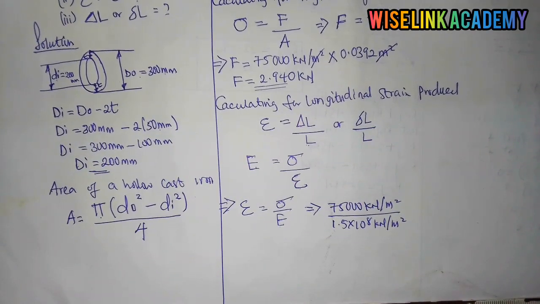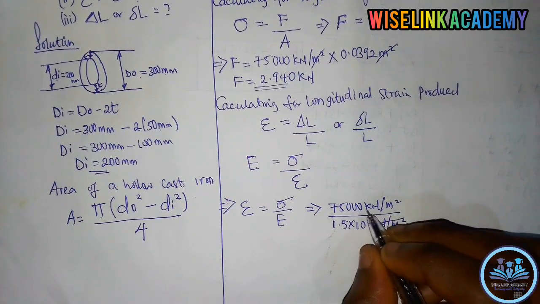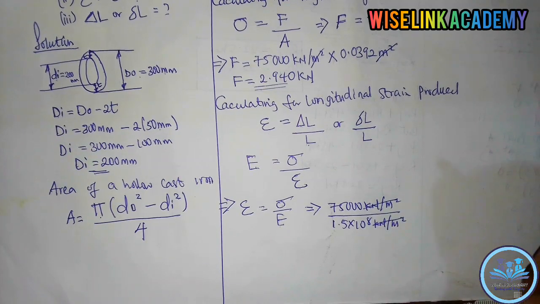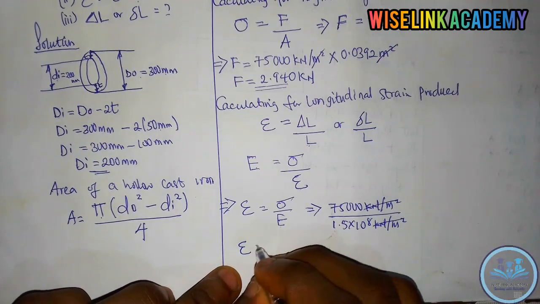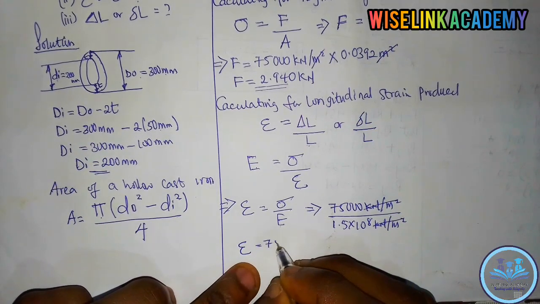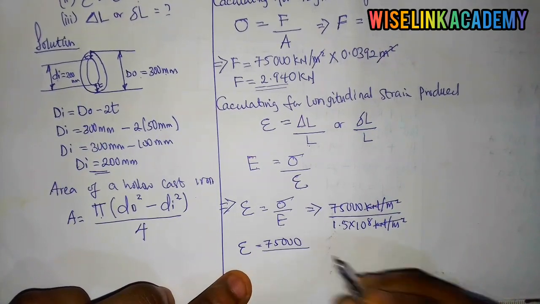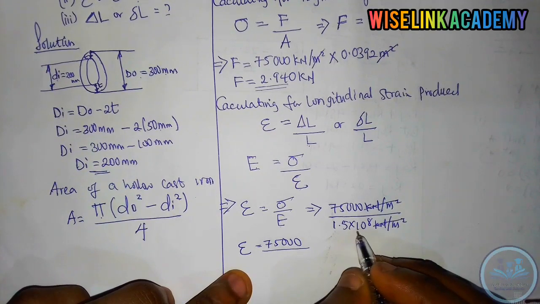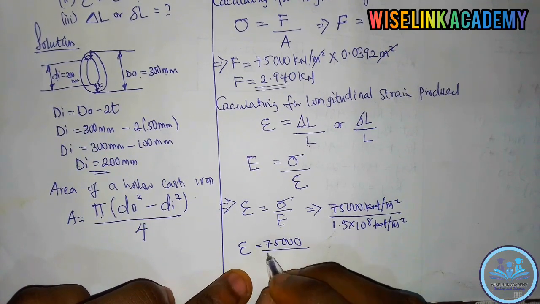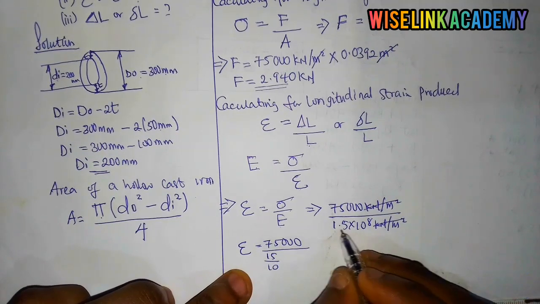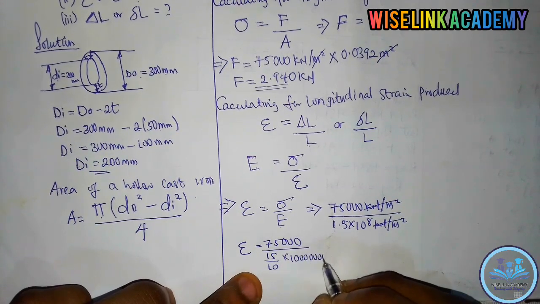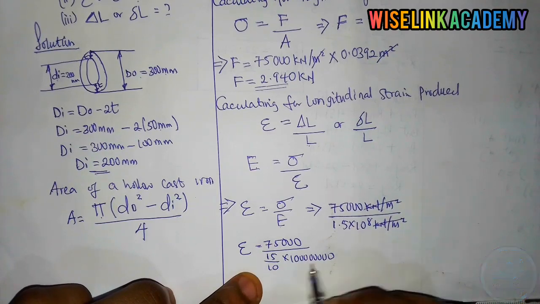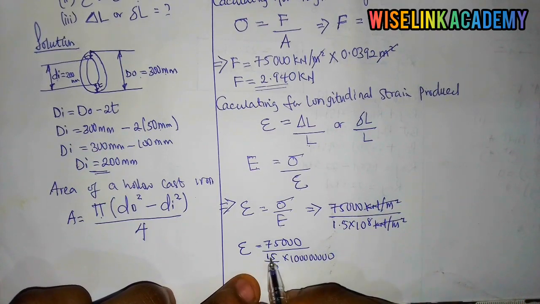So I can easily cancel out this and cancel out this. So my strain is equal to 75,000 over, if I work on these indices in this way, 15 over 10 times 10 to the power 8. 10 to the power 8 simply means this. 15 over 10 simply means this.